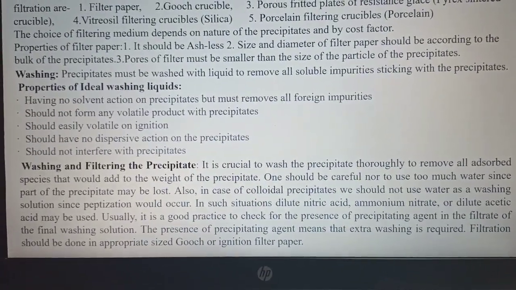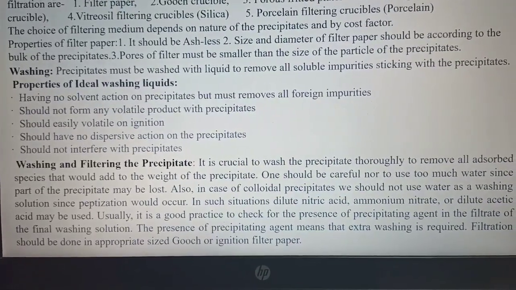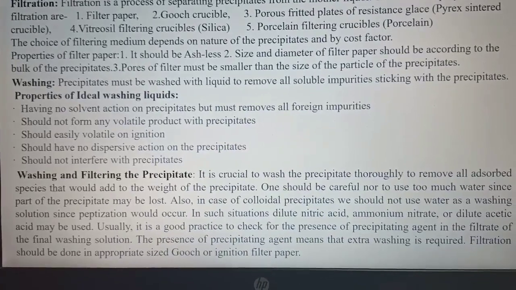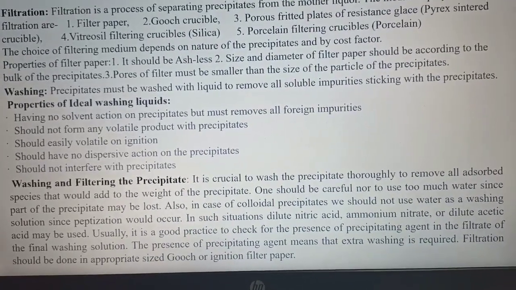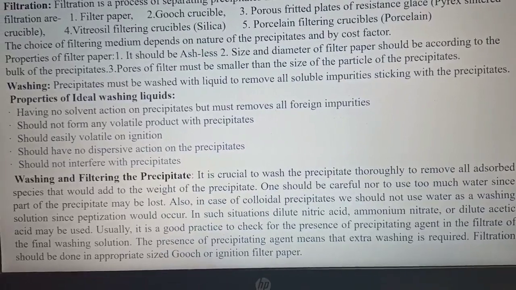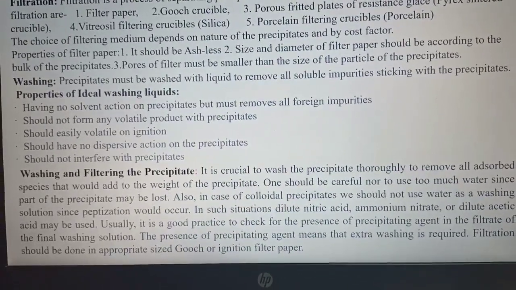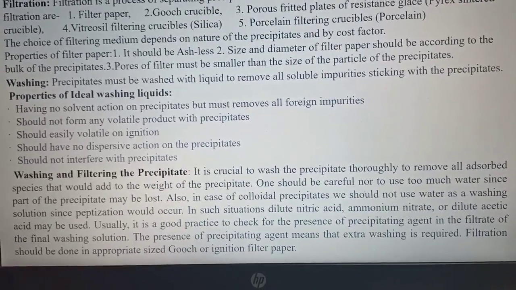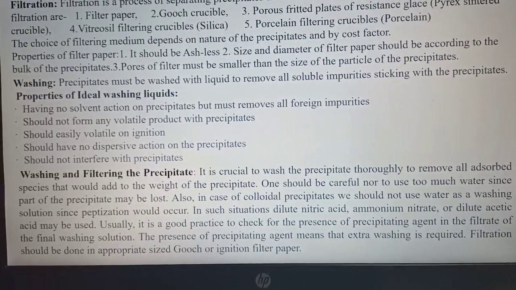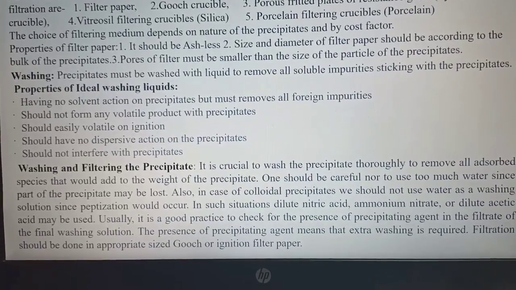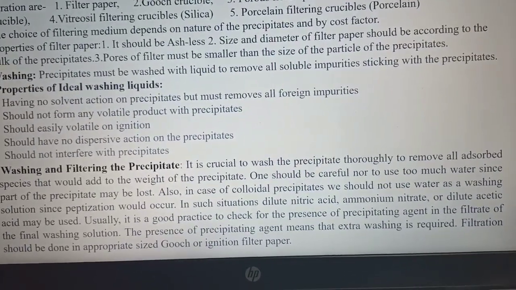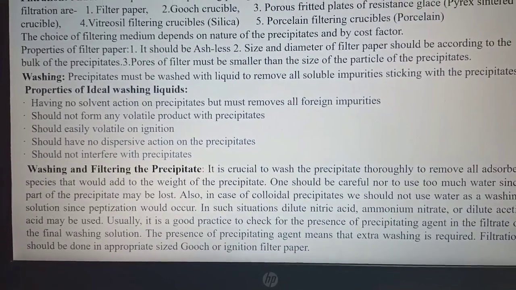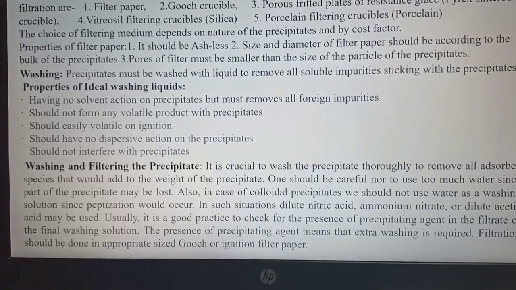The washing material used for any filtration should not dissolve the precipitate in the solution. If it dissolves, then the result will be of no use. Therefore, the washing material should not dissolve the precipitate, and at the same time it should clean the impurities present in the precipitate and make the precipitate free from impurities.